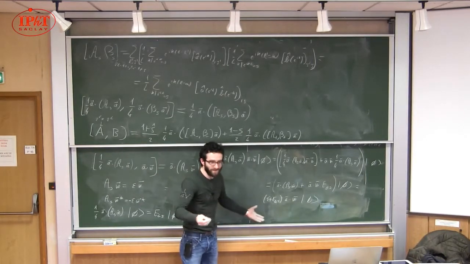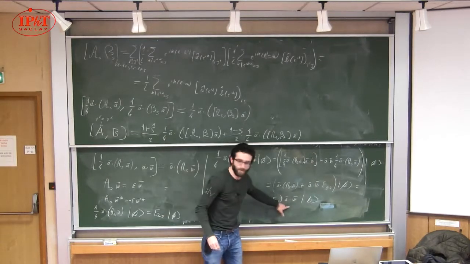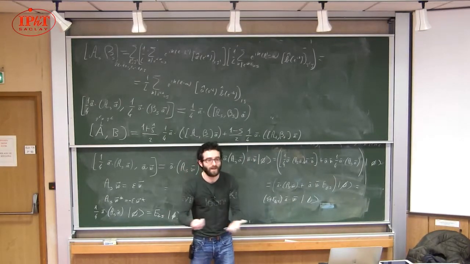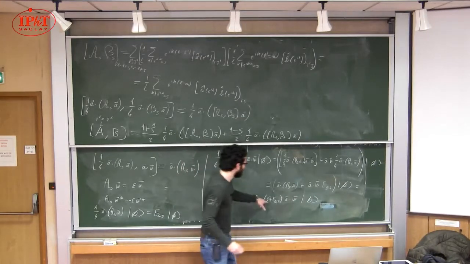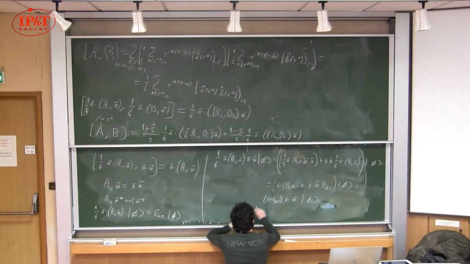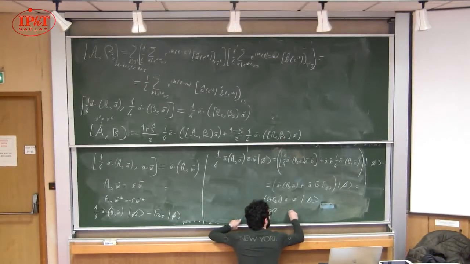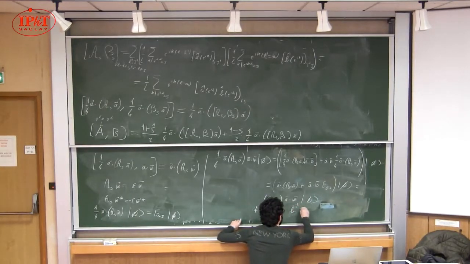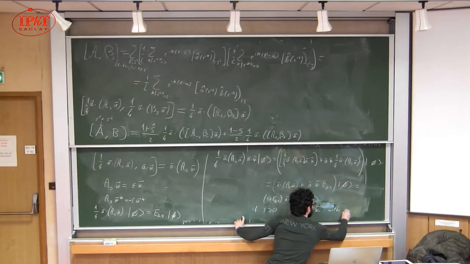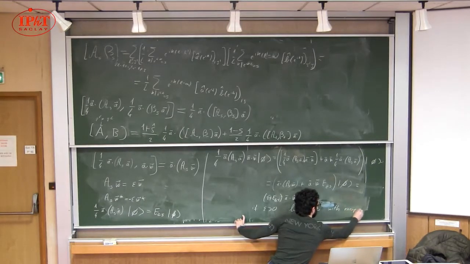So the claim is that these linear combinations are nothing but what are called the Bogoliubov fermions that diagonalize the Hamiltonian. In particular, if epsilon is larger than 0, then you can define it as the creation operator with energy epsilon.